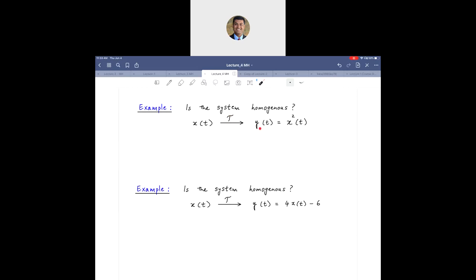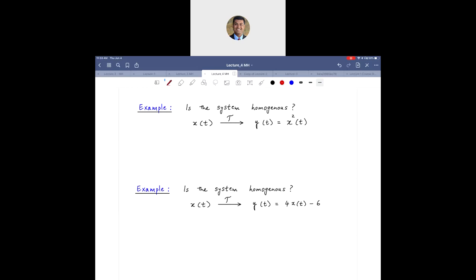On the right, you have y of t, which is the output of the system. Output is related to the input as a square. So y of t is x squared of t. It is taking the input, squaring it, and you get the output. And the question is, is the system homogeneous? So we need to do the check.